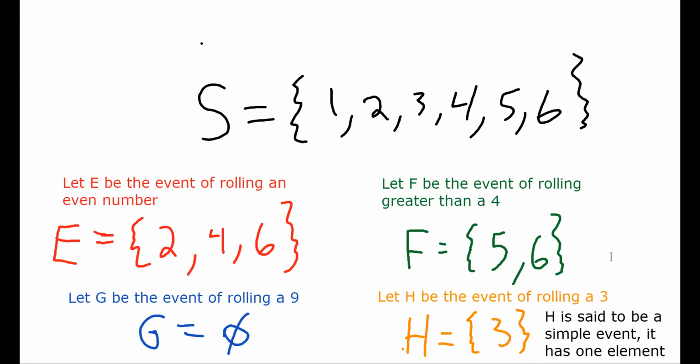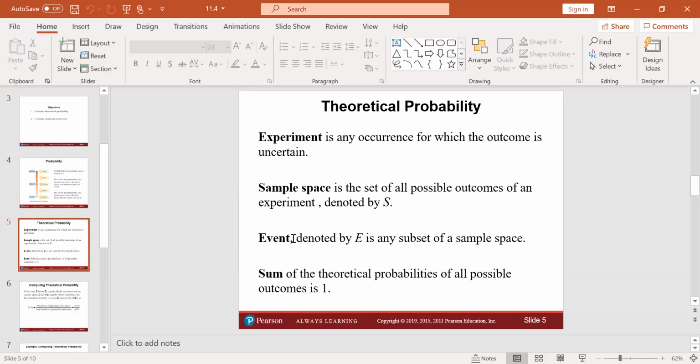Again, this is just basic stuff we're covering right at the get-go. But back to it, if we were to take all the theoretical outcomes of the sample space, they may not always be equally likely. In the case of rolling a die, we're going to assume each outcome is equally likely. They each have a 1/6 chance of occurring.